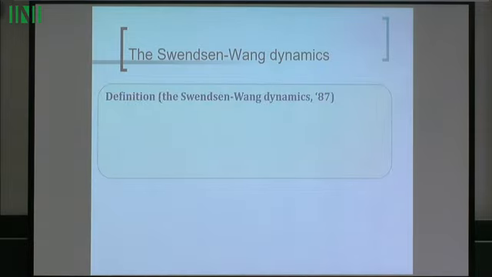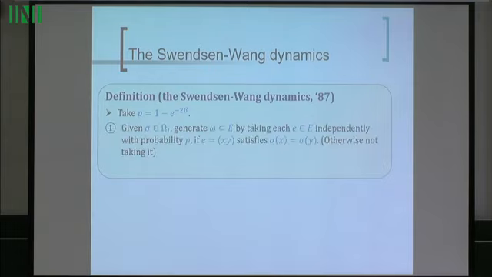The second Markov chain I want to describe is the Swendsen-Wang dynamics, which is based on the relation between the Ising model and the random cluster model. We will always fix a parameter p to be 1 minus e to the minus 2 beta, so this will lie between 0 and 1. In the first step, if our current spin is sigma, then we generate an edge configuration, a subset of edges, by selecting each monochromatic edge with probability p independently.